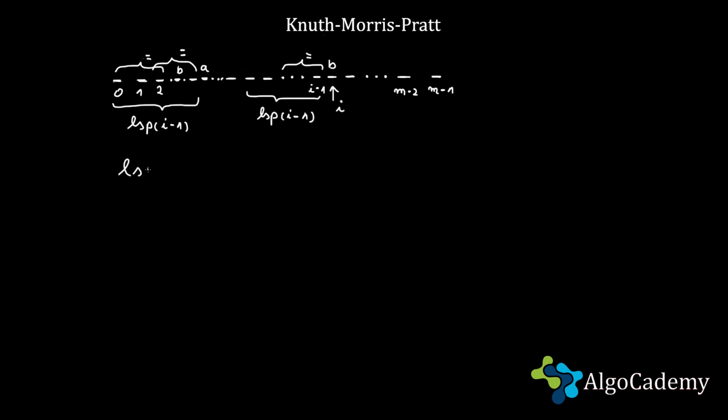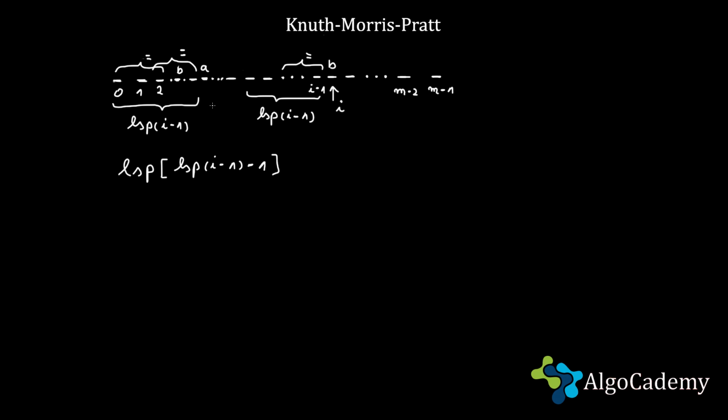So the longest suffix prefix of a prefix of the pattern, so definitely it should be in this array, and that prefix is of length LSP of I minus 1, which means that it's from 0 to LSP of I minus 1 minus 1. So just as a recap, we have first tried LSP of I minus 1, and it didn't work because these two were different.